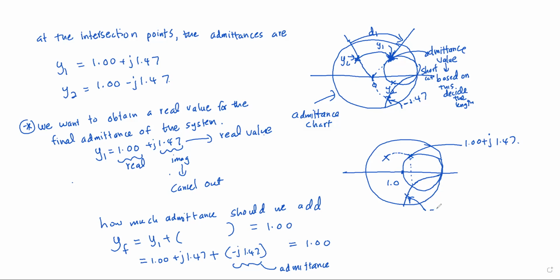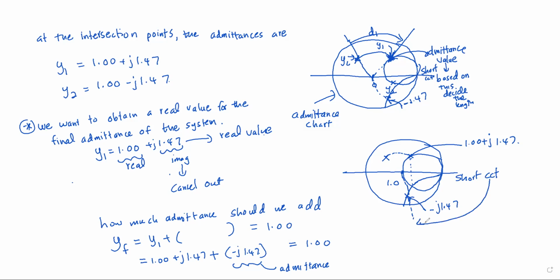So you can find exactly where the minus j 1.47 line is. Okay, so it is along this line. Once you have found that value, you can find the distance to that point from the place where we have the short circuit in the chart. So we need to find the distance from the short circuit point to this intersecting point.